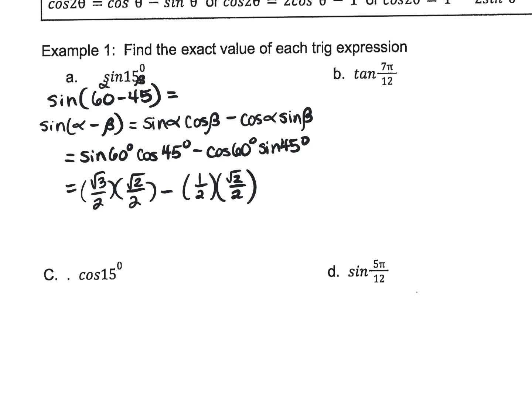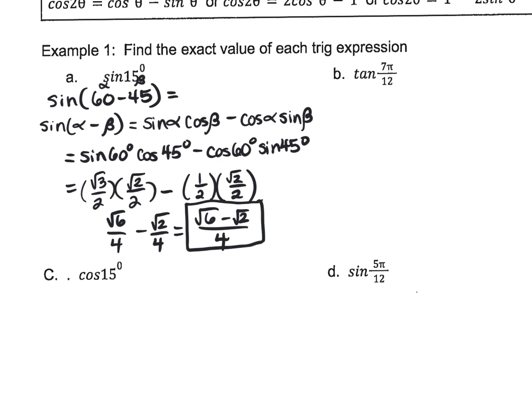Okay, so root 3 times root 2 is, yep. So this becomes root 6 over 4 minus root 2 over 4, which we can rewrite since they have a common denominator: root 6 minus root 2 all over 4. That would be our answer.